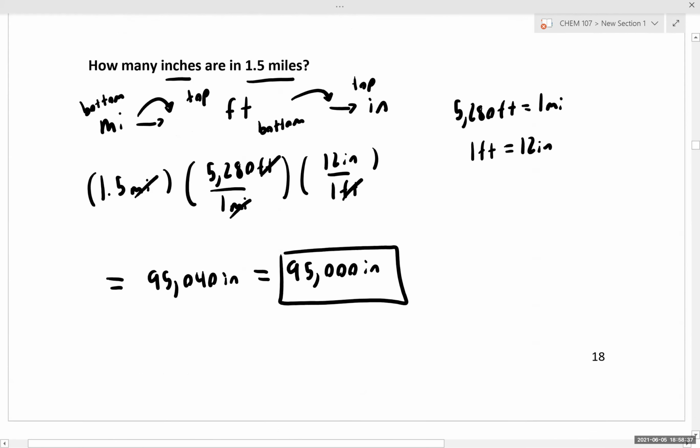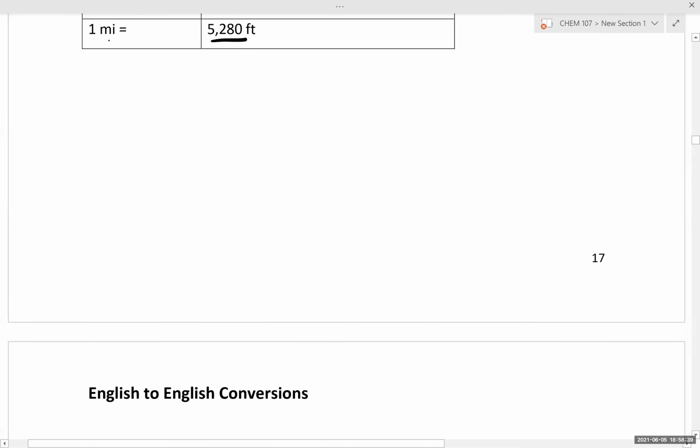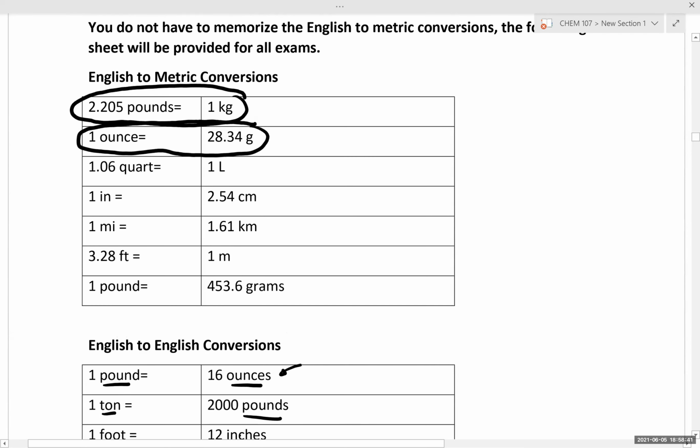Let's go back to our table. So we have English and metric units of volume. We know that there's a relationship between volume in quarts and the volume in liters. So let's use that conversion factor.